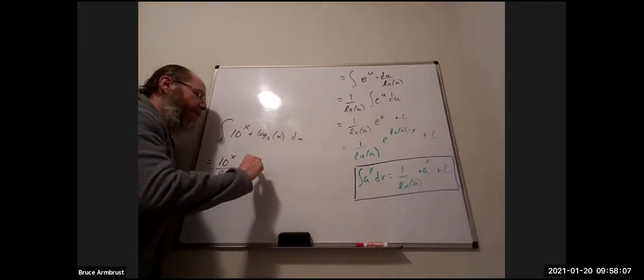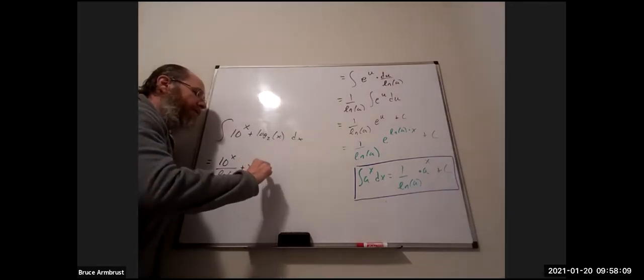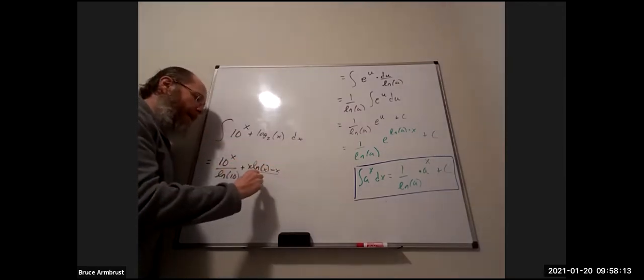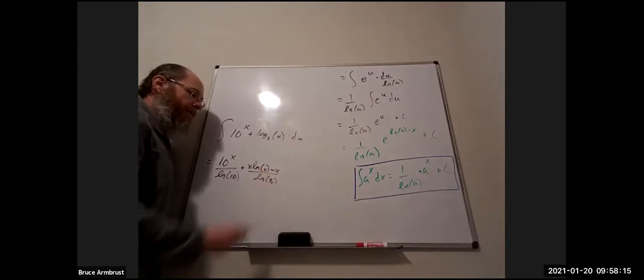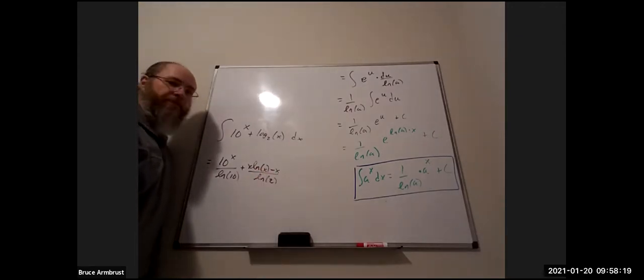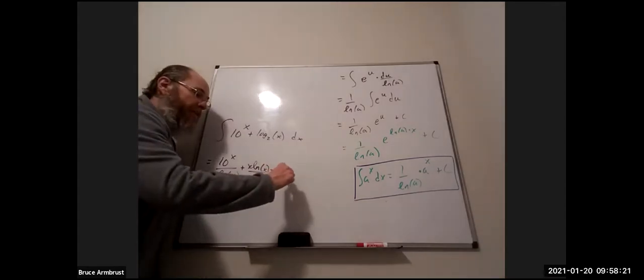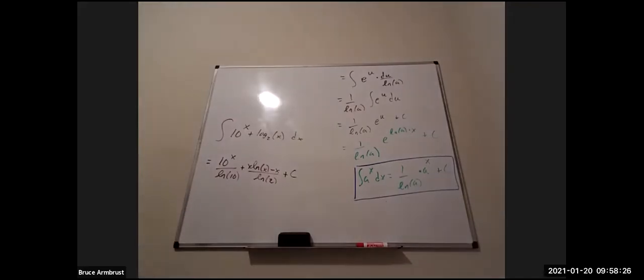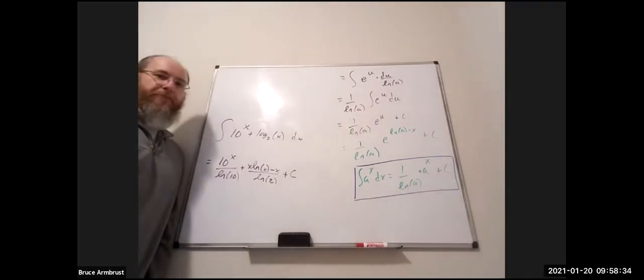Well, that's going to give us x log x minus x, divided by natural log of 2. And then, of course, to be good, we'll put on our plus c. All right, well, there you go.